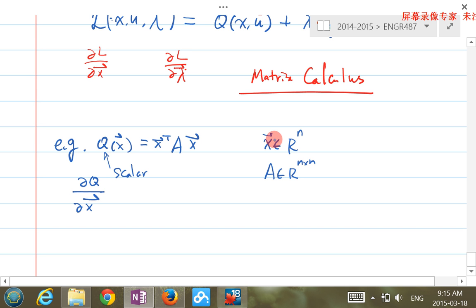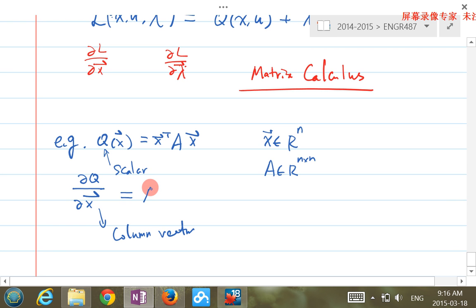Then when we write partial Q over partial x, this is actually just the first Jacobian. This is going to give me a column vector, and that equals (A transpose plus A) times x.